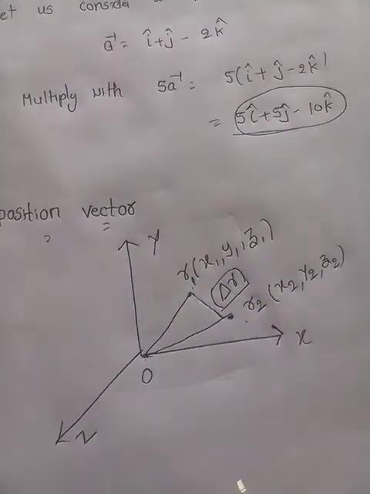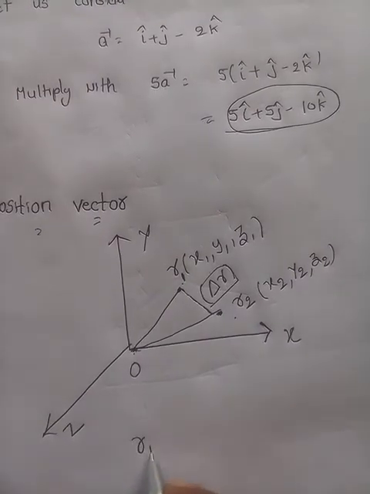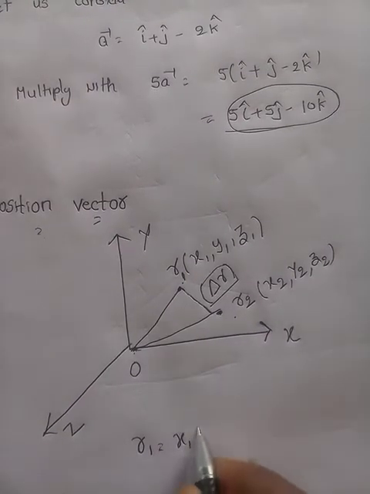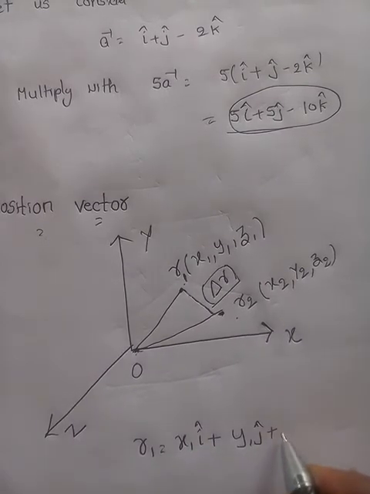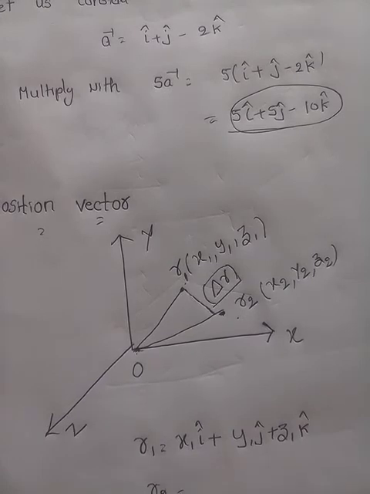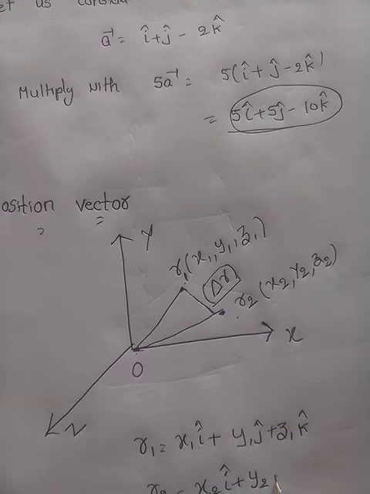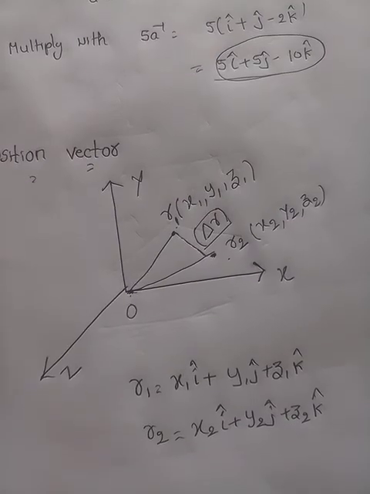Now it is in a plane, so what are the position coordinates I can write here? r1 equals x1 î plus y1 ĵ plus z1 k̂. Similarly, r2 equals x2 î plus y2 ĵ plus z2 k̂.